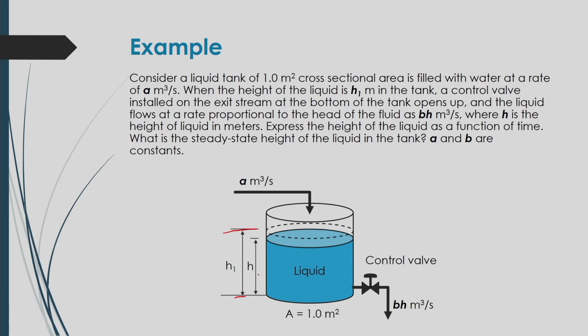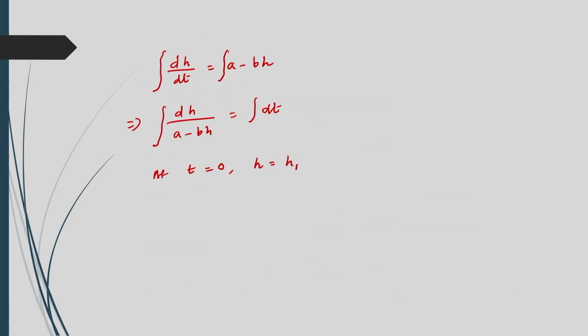At any time that height will be H. Now, we can write from H1 to H, dH by A minus BH, that will be equal to 0 to T, dt.